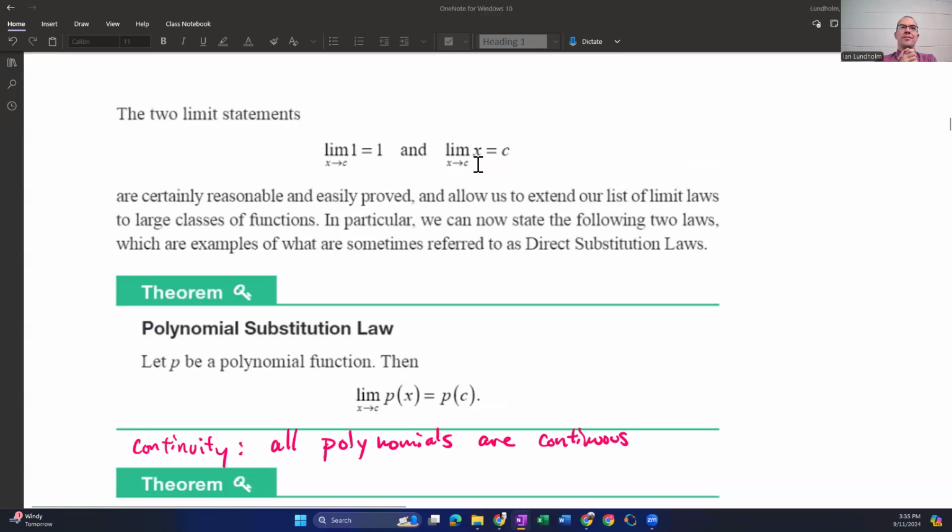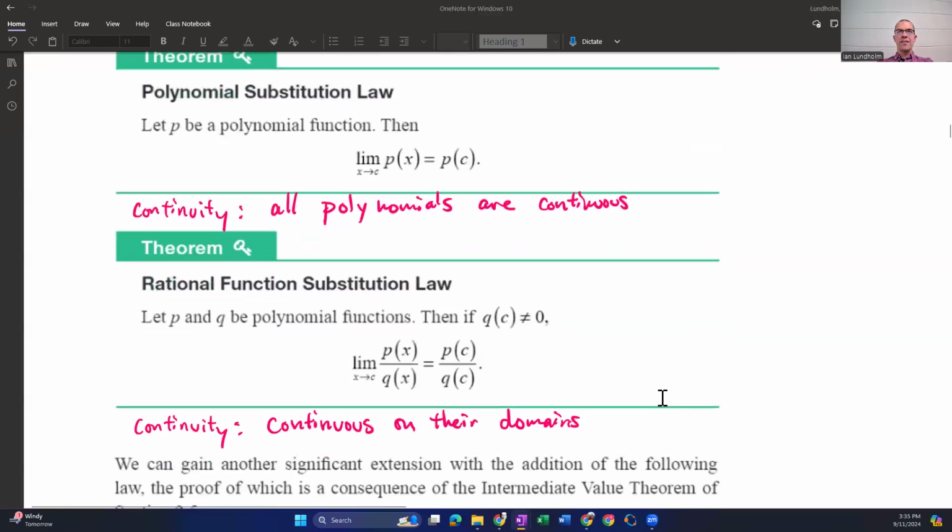So utilizing the product law, the power law, the addition and subtraction law, you can make polynomials. And it is true for every polynomial that they are all continuous. And this limit, as x approaches c, equals the function value evaluated at c. So this one says all polynomials are continuous.